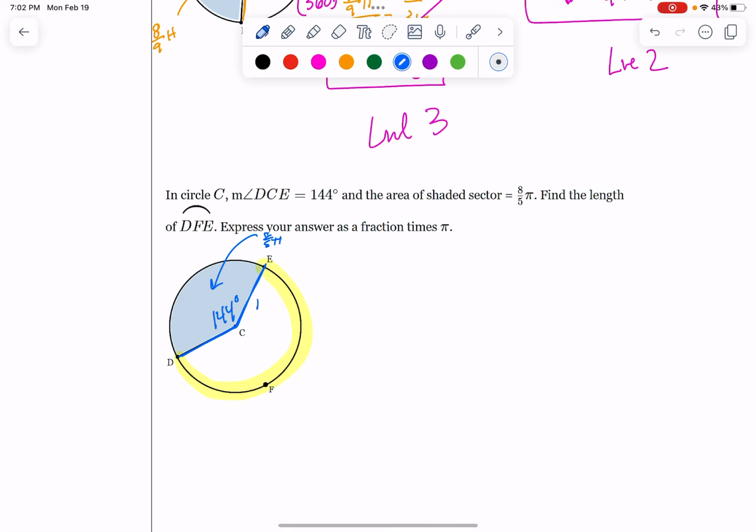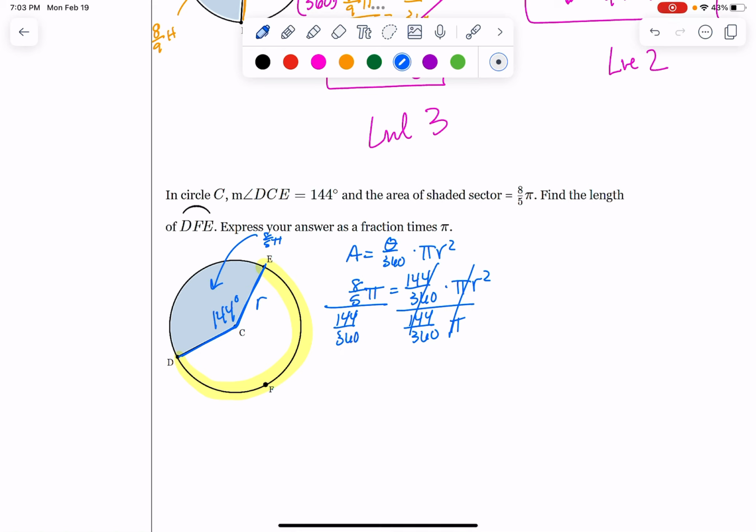What don't I have? I don't know arc. But I have area, so area equals theta over 360 times pi r squared. The area is 8 over 5 pi equals 144 over 360 times pi r squared. So I'm going to divide by my fraction and pi, so that I get that r squared equals 4.